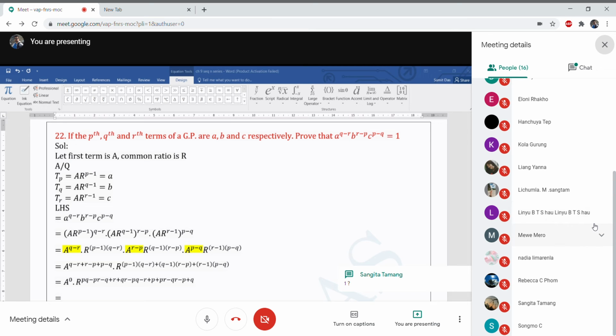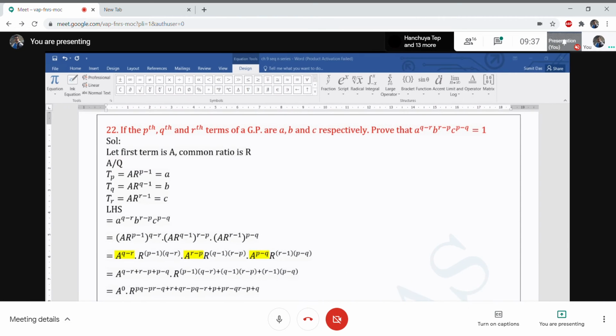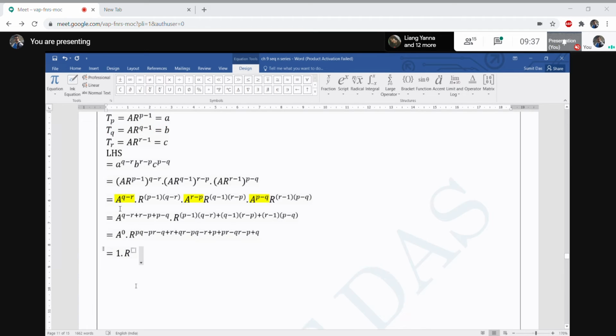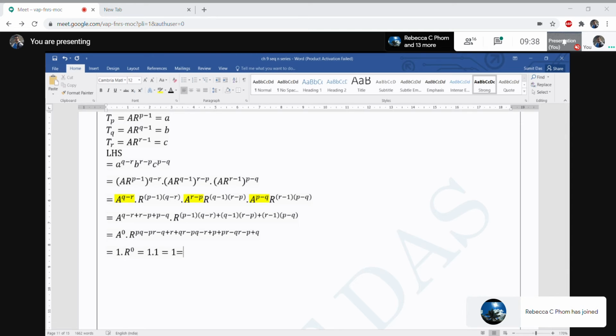Yes, A to the power 0 is 1. 1 into, if you simplify this one, it will be R to the power: PQ cancels with minus PQ, minus PR plus PR cancels, all the terms cancel. So here it will also be R to the power 0, which is equal to 1 into 1, which is equal to 1, equal to the right hand side. That's what we had to prove.